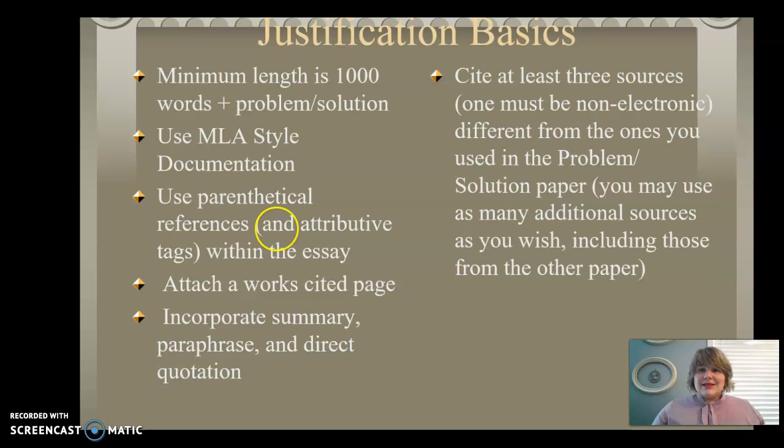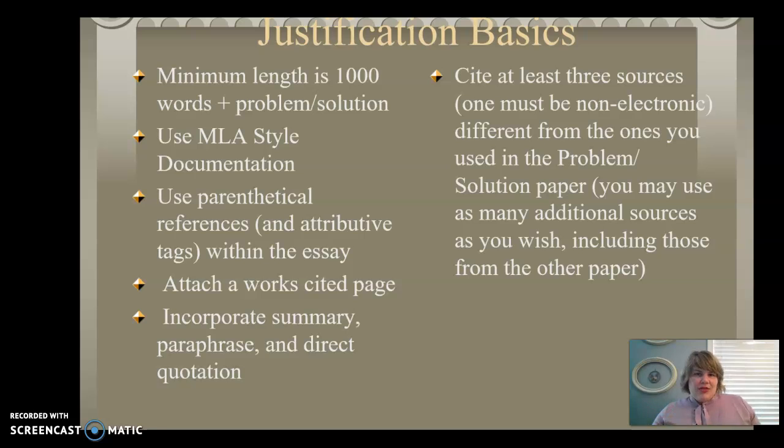So let's look at the basics of the justification paper. Very similar to the problem solution paper, except instead of having that 500 word tag on, 1,000 words is your minimum. So you want to try to keep it within that. So you could tell yourself, okay, I'm going to try to do about 325 words for each reason.